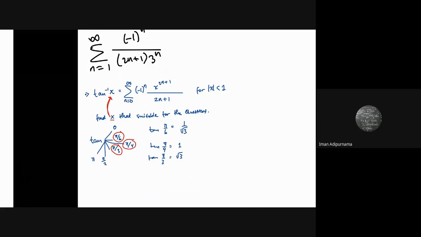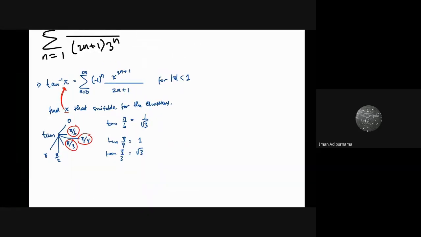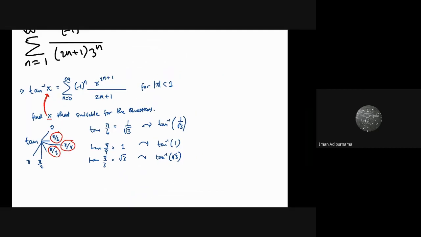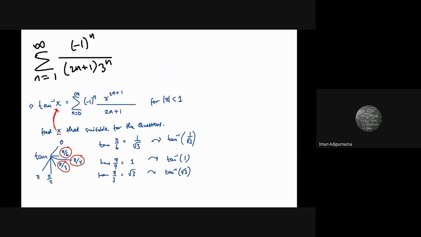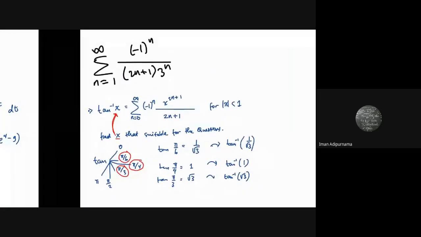Now, the question is in the tangent inverse. So we need to make it into inverse form. So tangent inverse, right? Okay. And this is our option for x, right? All these three. Let me erase that again. Okay. So if you see here, it has 3 here, right?